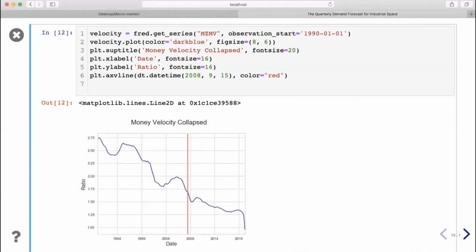And the velocity of money has collapsed. This is a measure essentially of how rapidly a dollar bill moves through the economy. And you can see it has been falling like long-term interest rates for some time. But when COVID hit, it collapsed.